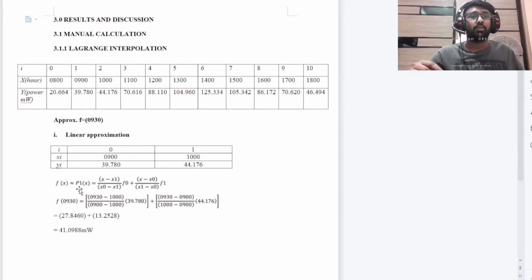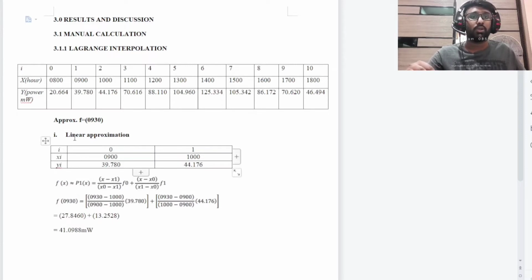Then we'll move on to the equation on how to find the power using linear approximation. So f(x) equals P1(x), which is equivalent to (x minus x1) over (x0 minus x1) multiplied with f0, plus (x minus x0) over (x1 minus x0) multiplied with f1.